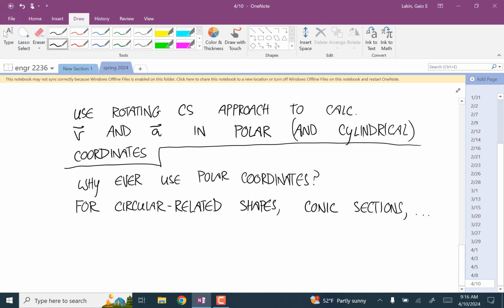If you think way back to junior year of high school, you talked about cardioid shapes and all these funky shapes you can do in polar coordinates. They're just simpler in polar coordinates than in rectangular coordinates. The math is just easier in polar.